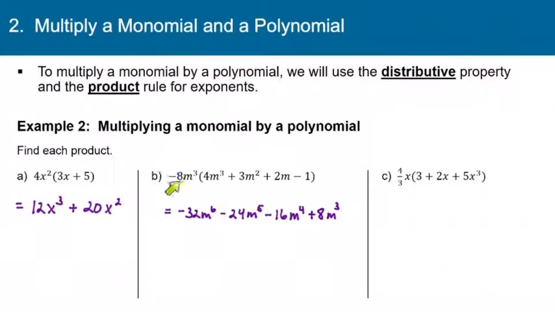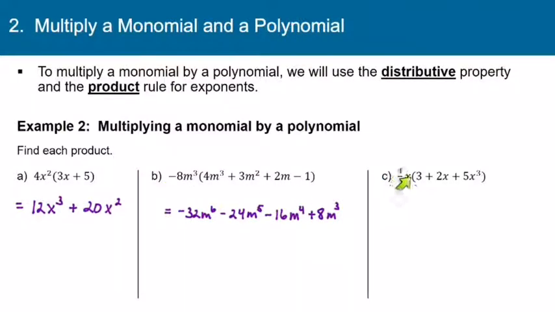Notice again how distributing this negative caused each term to change sign. So this 4m to the third was positive, but after we multiplied it by this monomial, it was negative. This term was positive, it ended up negative. This one was positive, it ended up negative. And this one was negative, it ended up positive. So distributing a negative will always, of course, have that effect.